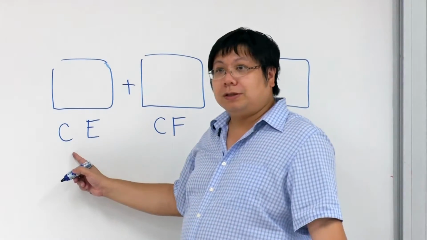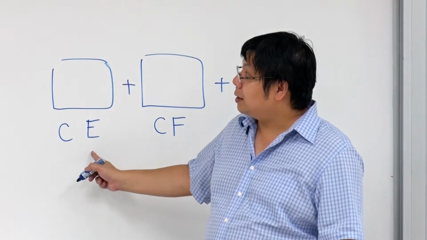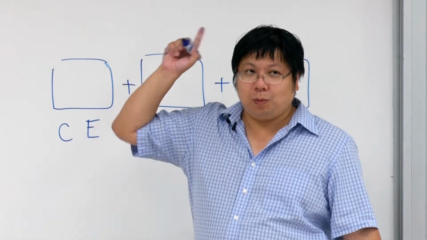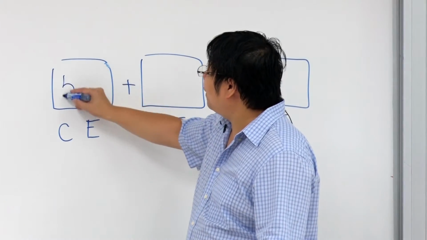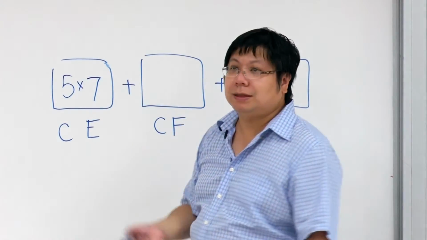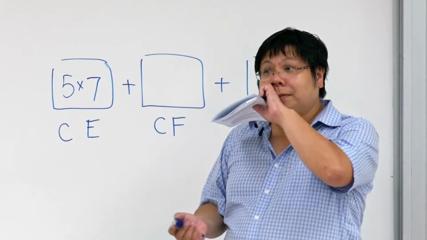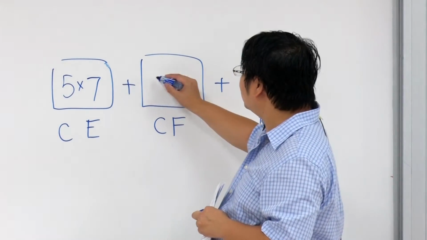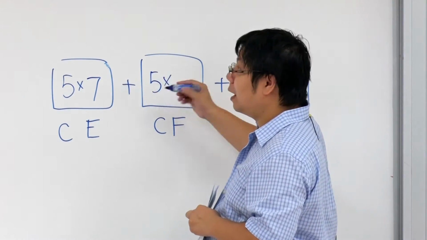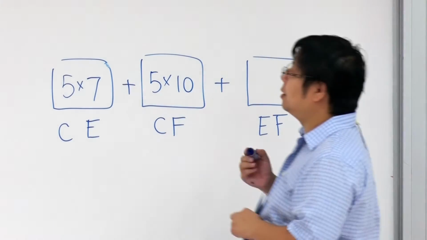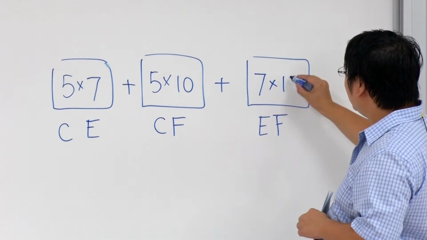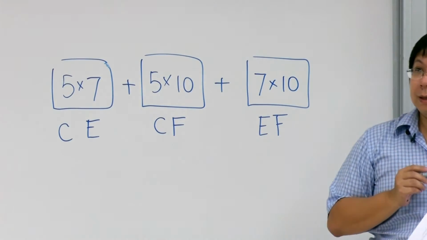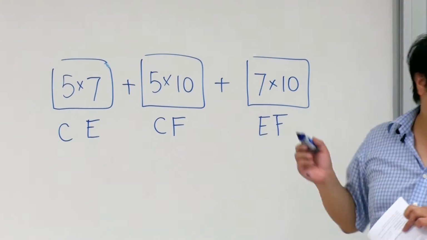The number of ways to select Chinese with English is I have to get one book from Chinese and one book from English. It is going to be 5 times 7. This time this is rule of product. And here, Chinese with French is going to be 5 times 10. And finally, English with French is going to be 7 times 10. Okay? Is that okay? Now this is going to be much simpler.